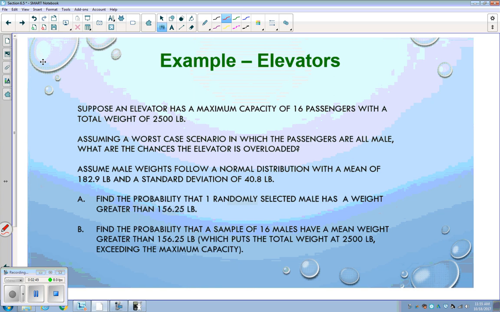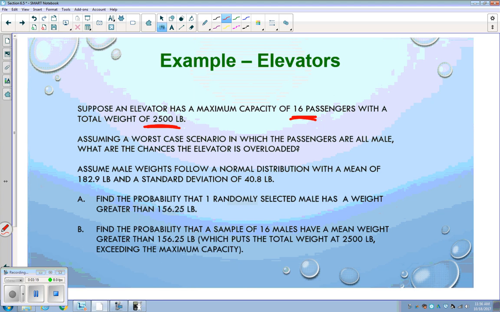So see what you picked up on already is that, yeah, that's a concern. If I got into an elevator and it said 16 passengers, but the total weight is 2,500 pounds, just do a real quick calculation. If they're all males, just say 200. What's 200 times 16? 3,200. Oops. Right?